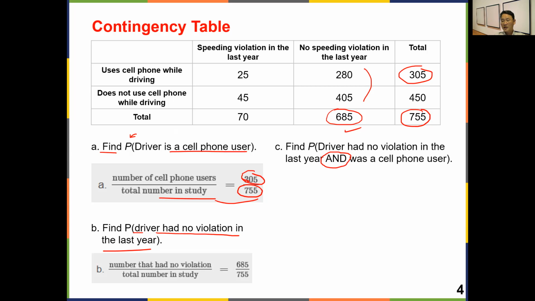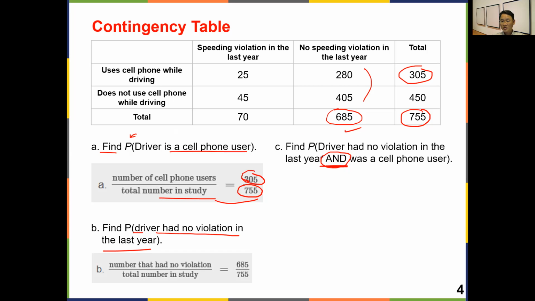But let me give you a shortcut in this contingency table. I want you to listen carefully because it'll help you to do the quiz. It'll help you to do all those exams, right? In a contingency table, it is very, very easy to spot the AND question.